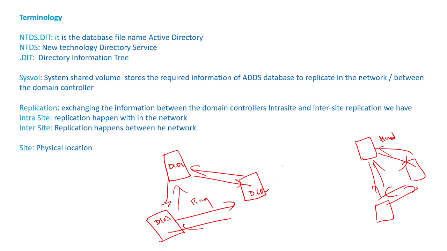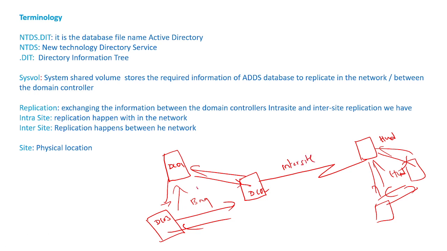If replication happens between any one domain controller of Bangalore and any one domain controller of Hyderabad, that is called inter-site.